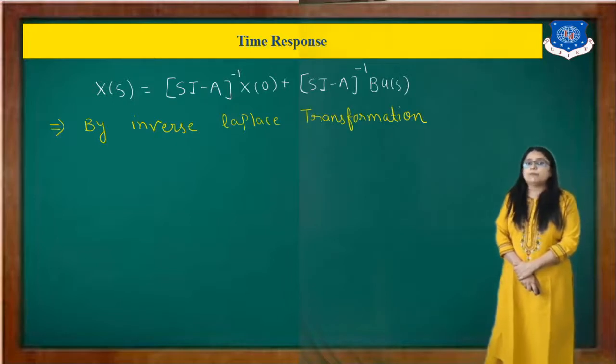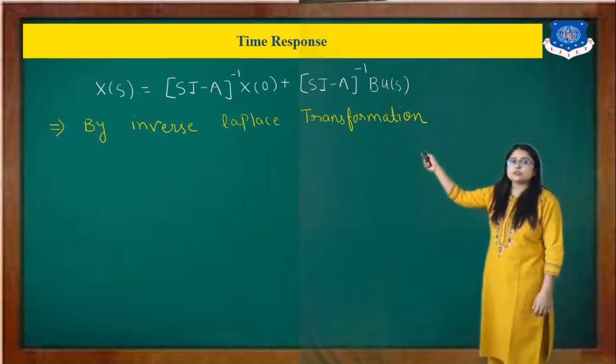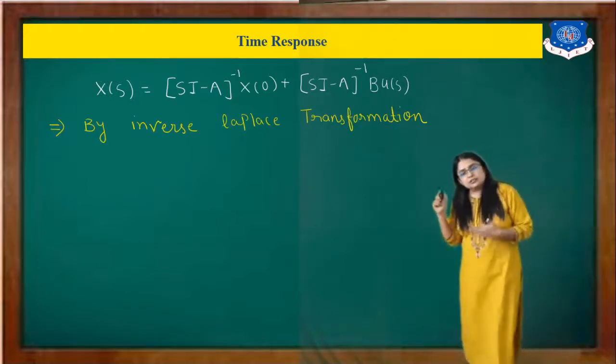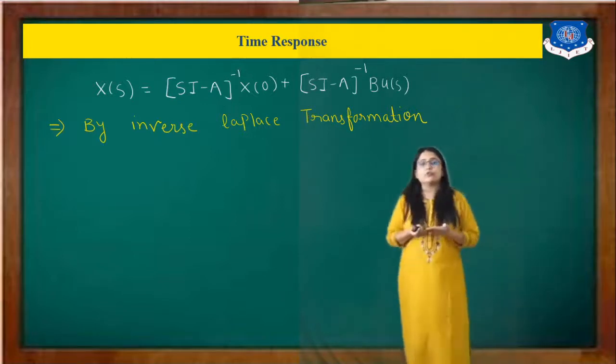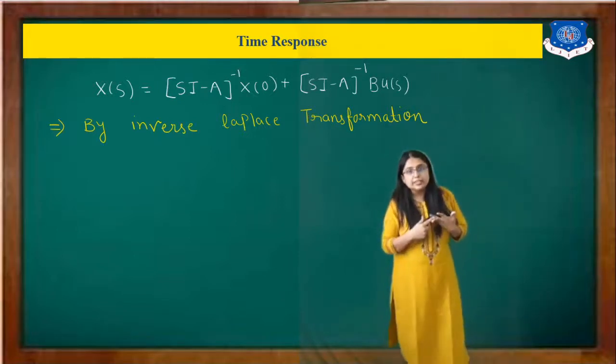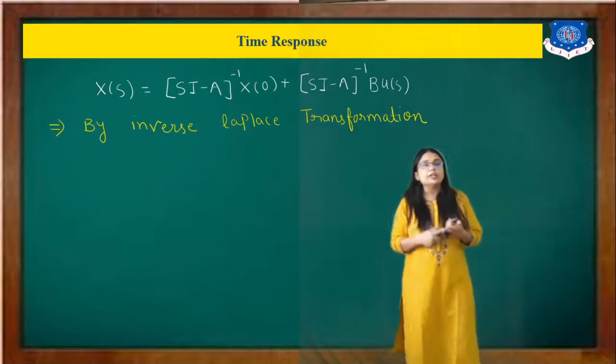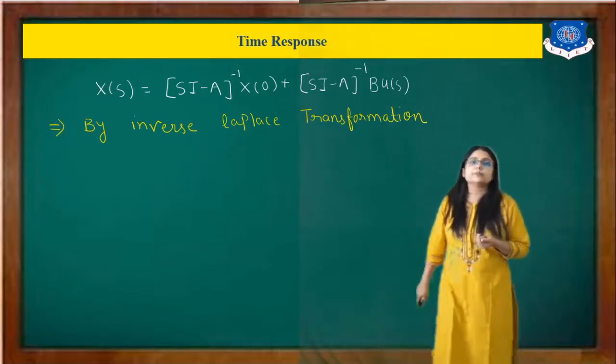Now this is my equation. We have to take the inverse Laplace of this, because we want to find x(t). To convert X(s) into x(t), we take the inverse Laplace.